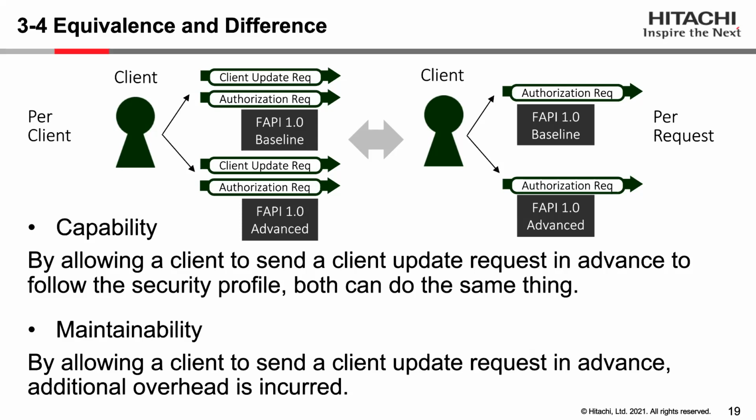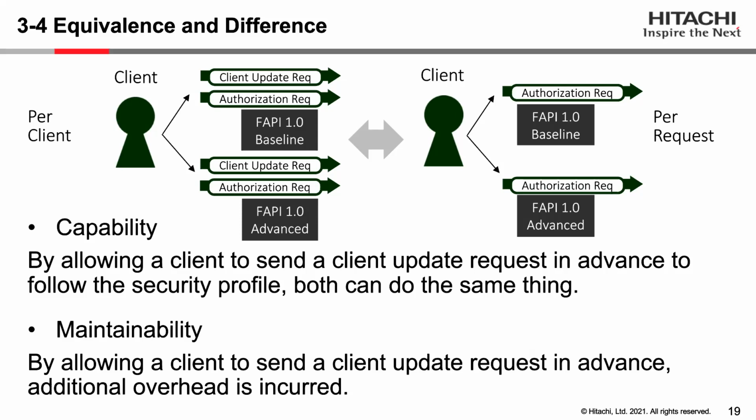After it is completed, the client actually sends the authorization request to the server. And after that, if the client wants to access the write API, then the client first sends a request to the server to update its client metadata to meet the FAPI 1.0 advanced security profile requirements. After it is completed, the client sends the authorization request to the server. And by doing so, the per client option can do the same thing as the per request option.